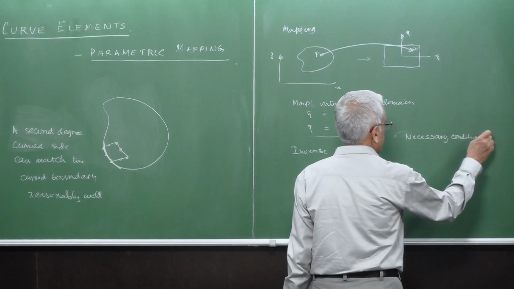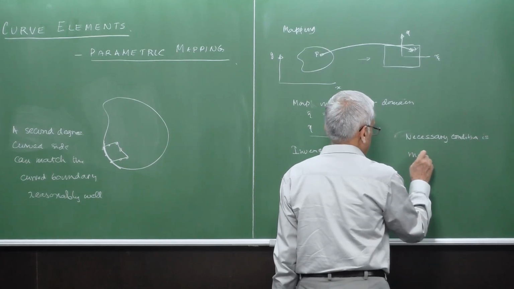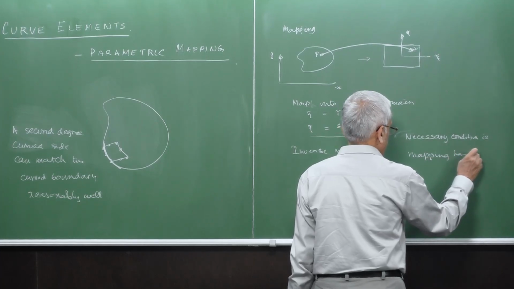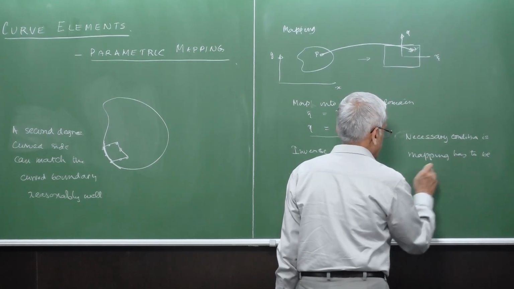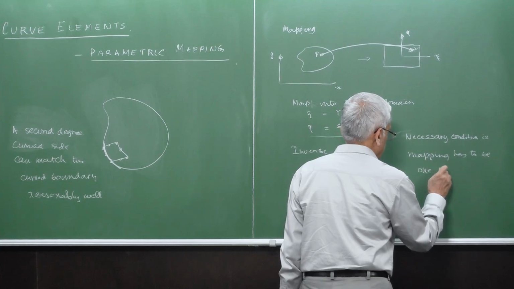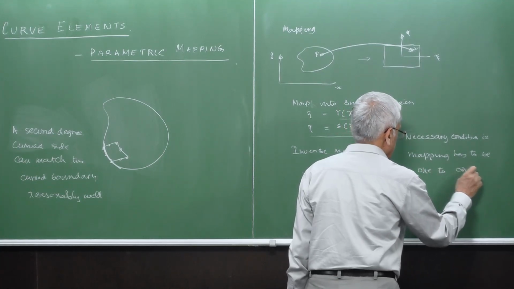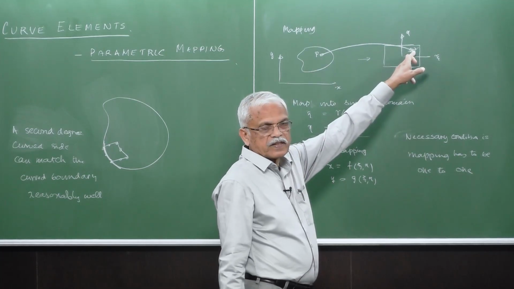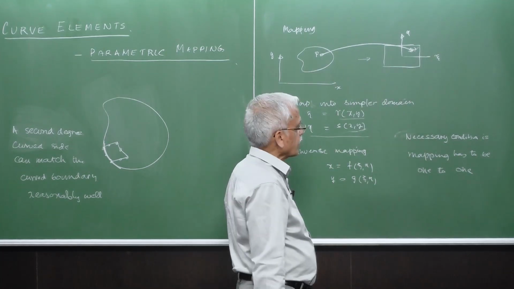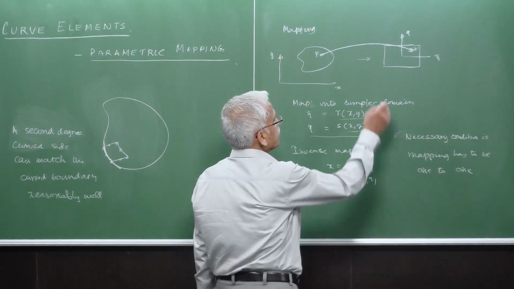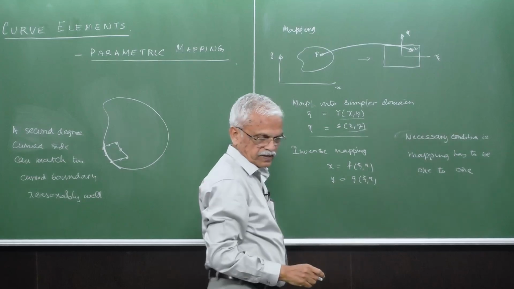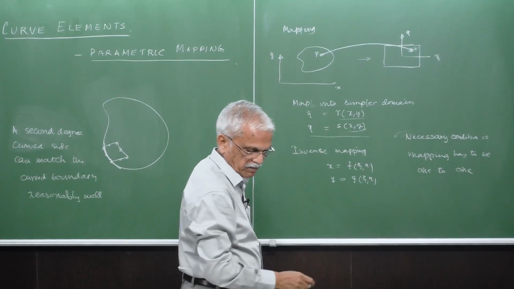What does this mean? It means that every one point here will be mapped into only one point there, and also the reverse. If you do the reverse, every point there will come to the same single point here. So this is very important.